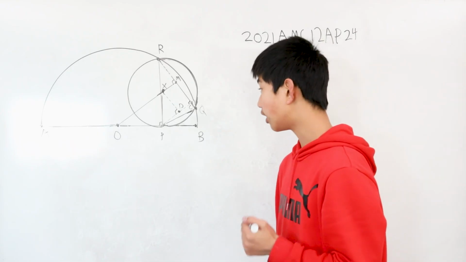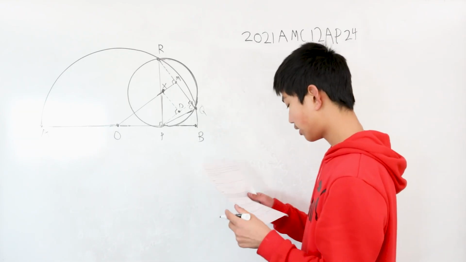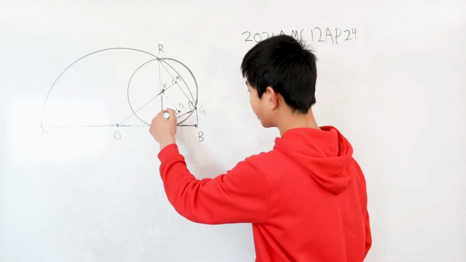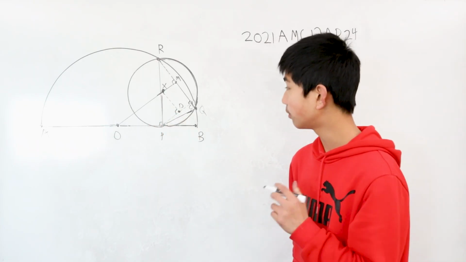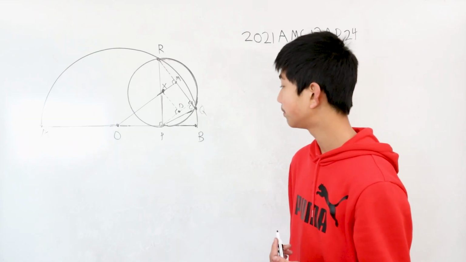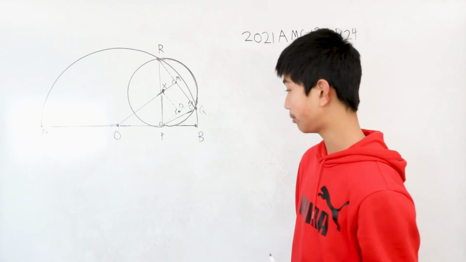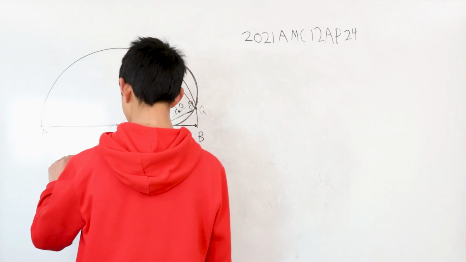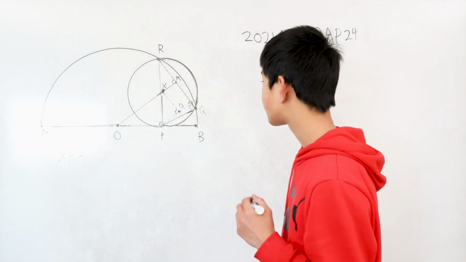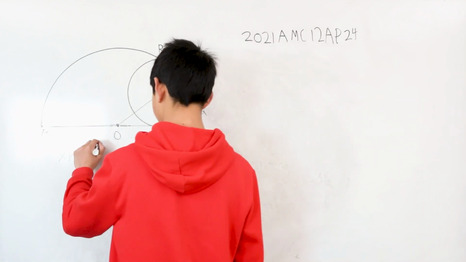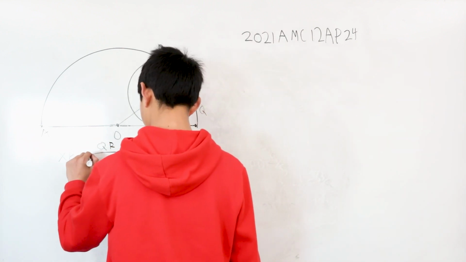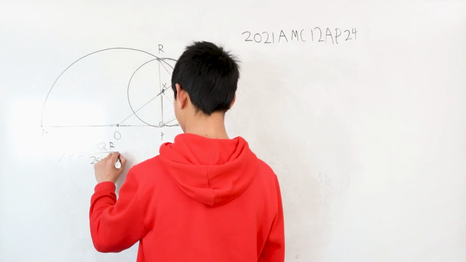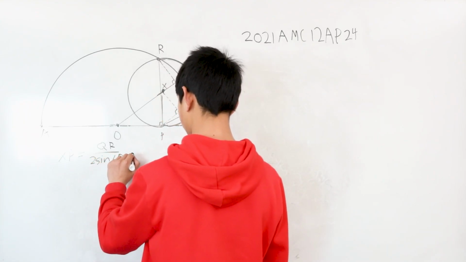But they obviously gave us the angle QPR for a reason. This is 60 degrees, so we want to see if we can do anything with it. And actually we can. If we solve for the length XP by using the extended law of sines, this is QR over 2 sine of the angle QPR.